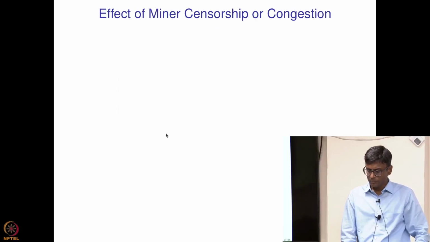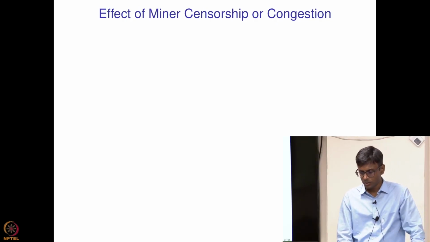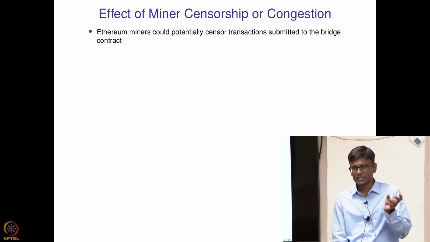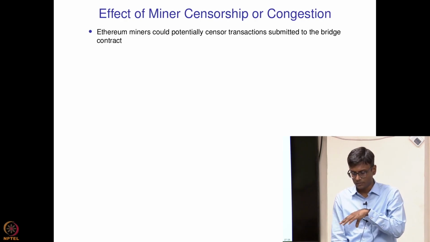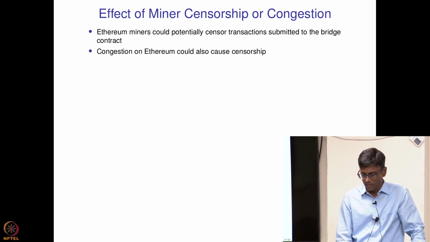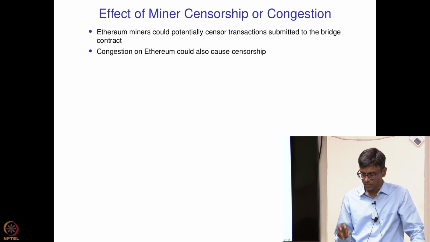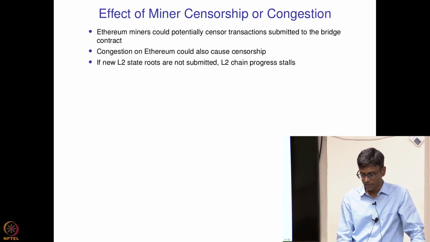Now the effect of miner censorship. The miners, or now with Ethereum 2.0 the stakers, can also censor transactions. Transactions which are submitted to the bridge contract could be censored by the miners, or in this case block producers. And also congestion on Ethereum: suppose there is a lot of congestion on Ethereum layer 1, that can cause censorship on the bridge contract transactions.